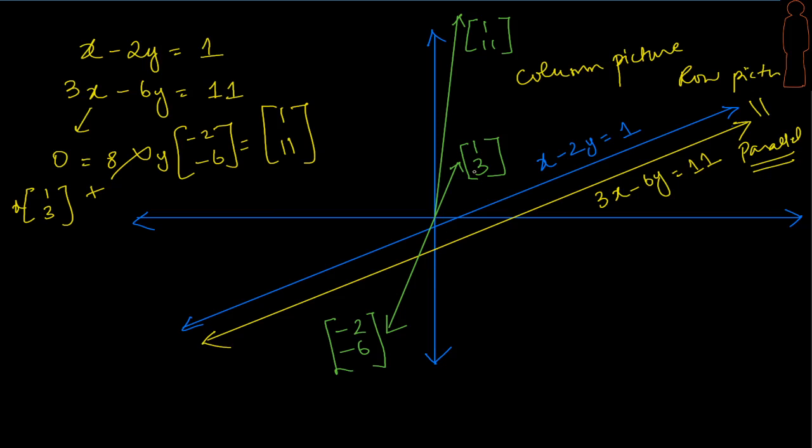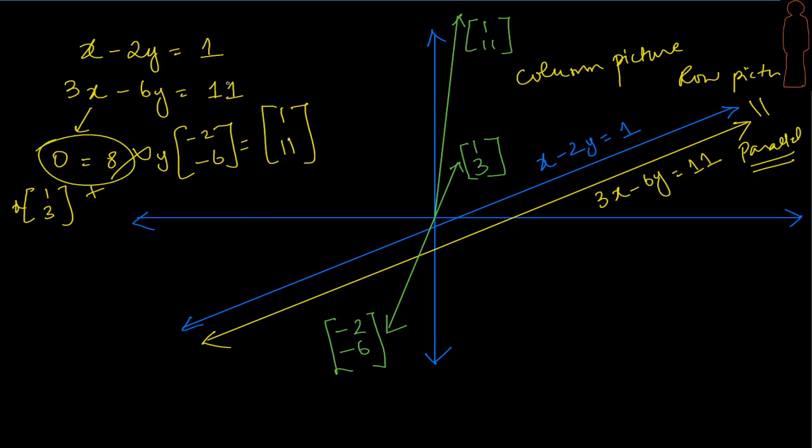You may struggle to move in this direction and this direction. That's what we understood as linear combination, right? Move on 1, 3 and move on minus 2, minus 6 and try to reach 1, 11. We will never be able to do so, right? However much we walk in these two directions, we cannot reach 1, 11. And the column picture says the same answer, that there is no solution, right?